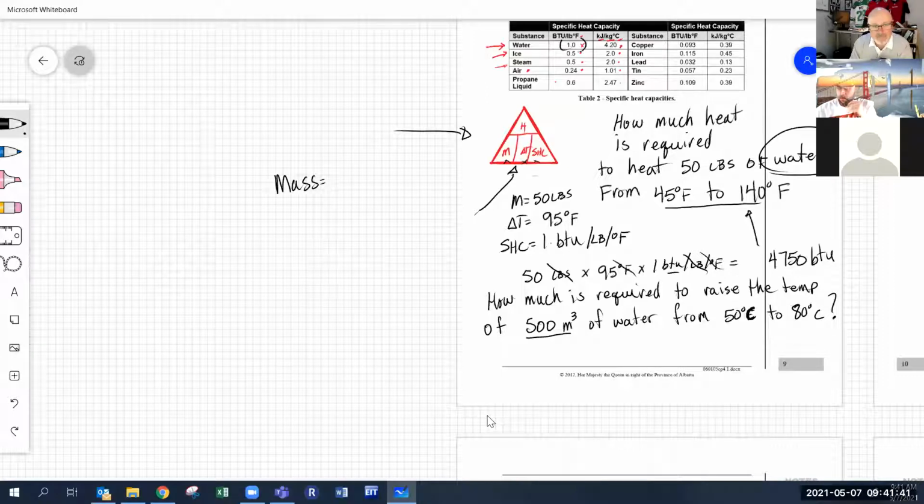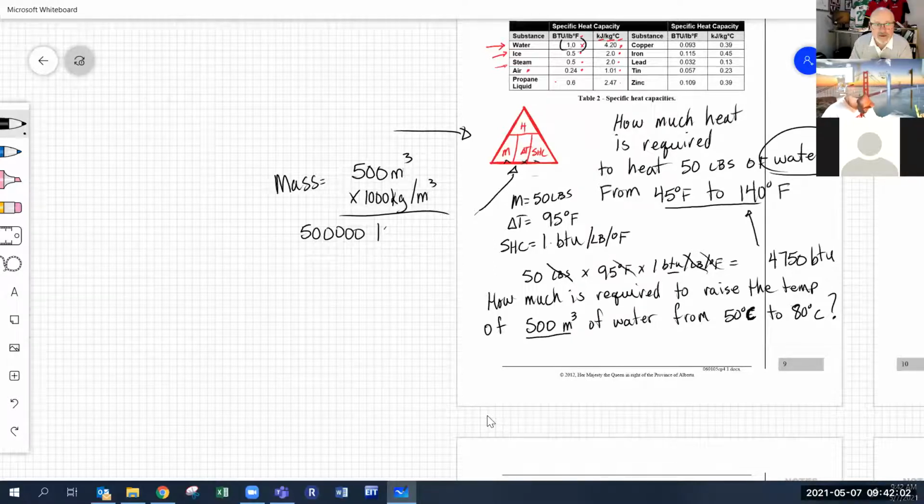So I have to get a mass out of this volume. I know that there is 1,000 kilograms of water in 1 cubic meter. So my mass is 500,000 kilograms.